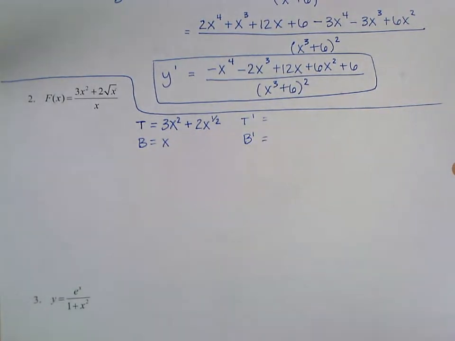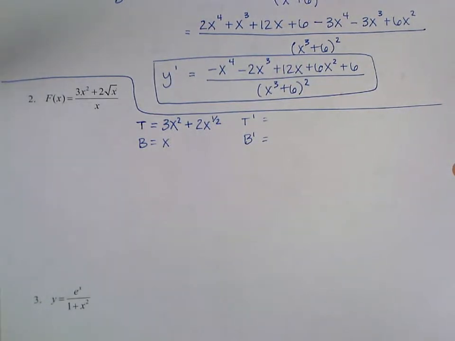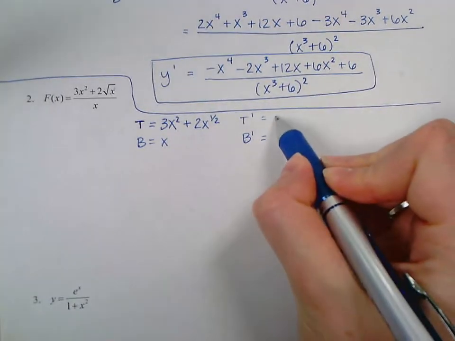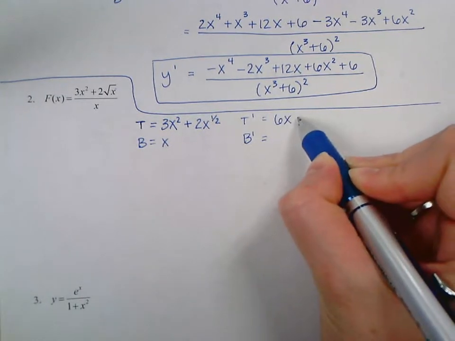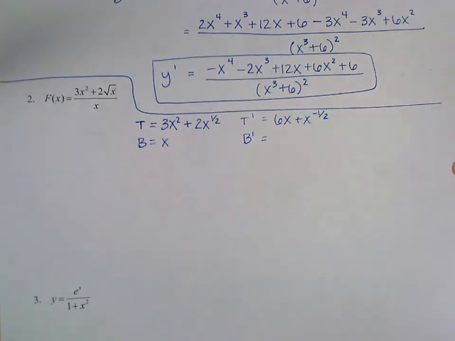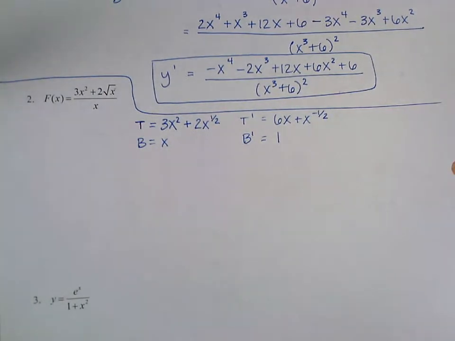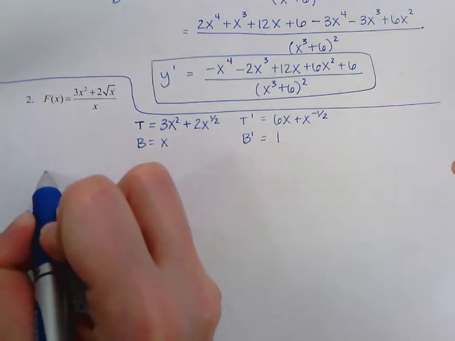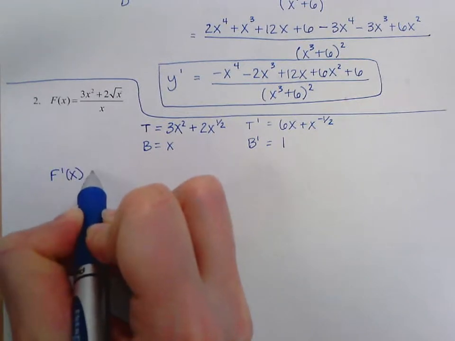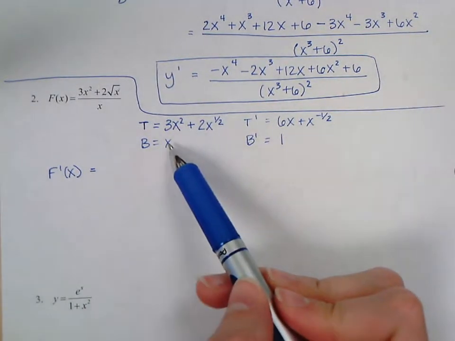And so what would the derivative of the top be? Okay, and the derivative of x is 1. So we would have capital F prime would be, again, start with the bottom.